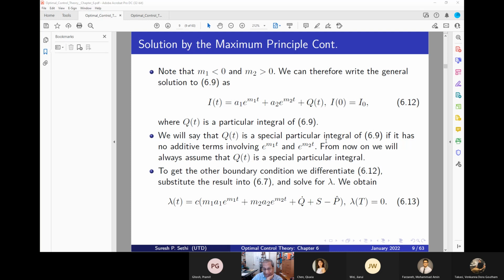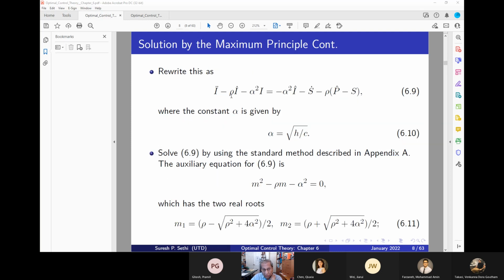Any particular integral can include such terms as well, but why include those terms? Because we can include those terms here anyway. So any particular integral that does not include these terms is called a special particular integral, and we'll only use special particular integrals. Once again, you are not learning differential equation theory. We are just giving you a recipe for how to solve these equations.